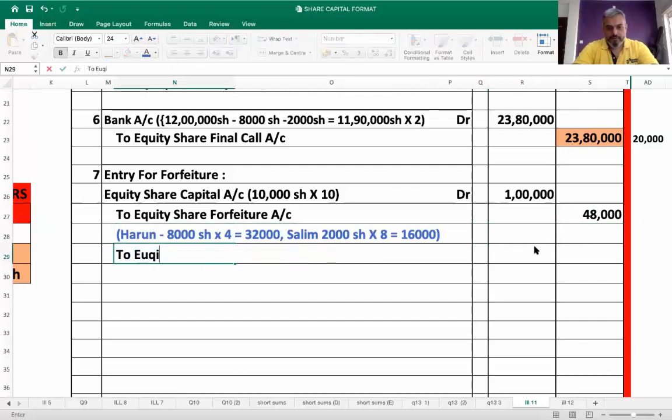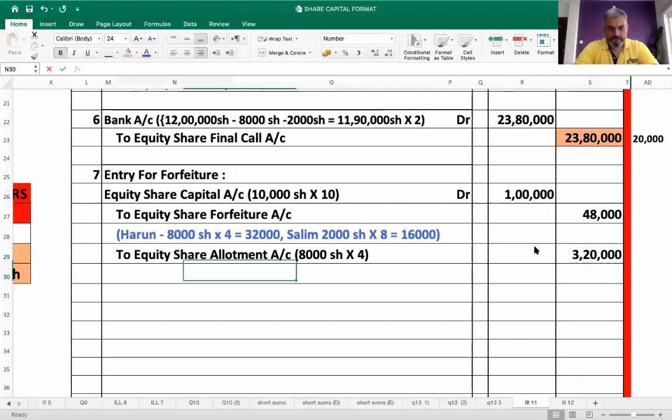To equity share allotment account. So 8,000 shares into 4 is the allotment what we did not receive. So 32,000.